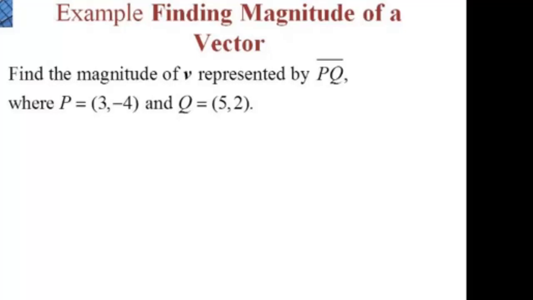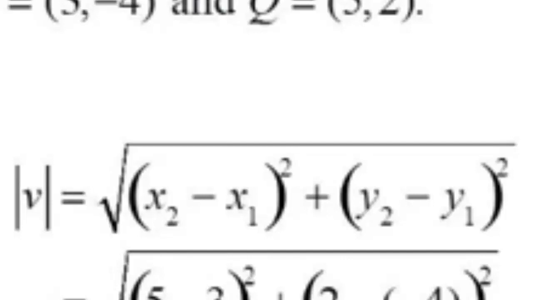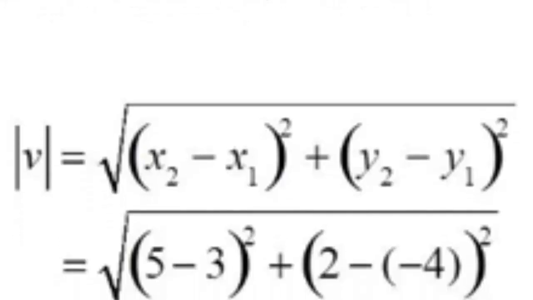Putting this into application, to find the magnitude of a vector, if we have v represented by PQ, and P is (3, -4), and Q is (5, 2), we would put it into this formula. The magnitude, or the absolute value of v, is the square root of (x2 minus x1) squared plus (y2 minus y1) squared.